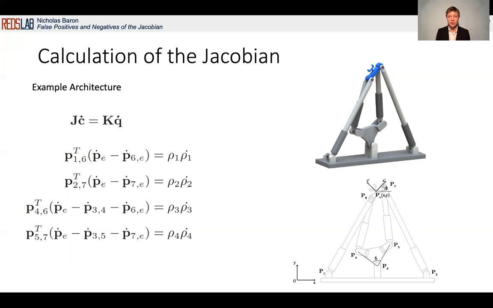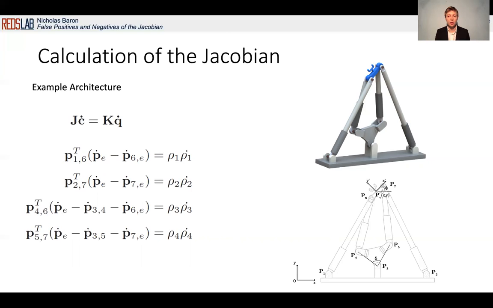Now, traditionally for computing the Jacobian of non-redundant robots, the Jacobian would simply be formed by each of these individual equations being used to form an individual row of the Jacobian. However, this cannot be done here because we have 4 equations, whereas the Jacobian only consists of 3 rows.